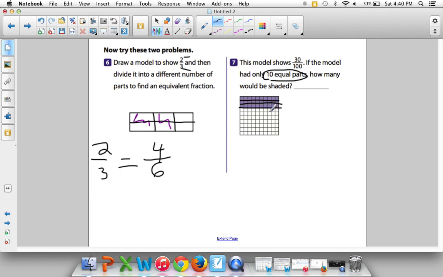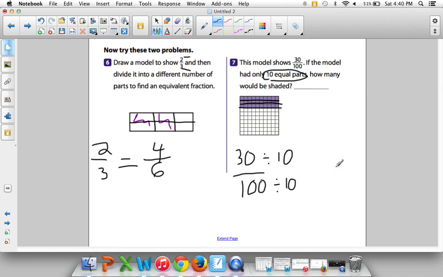If you can't see it visually, do you know what you can do? You can take your fraction and solve it without a picture. You can solve it with math. You can divide the top and the bottom by the same thing. You know what you should divide it by? 10 equal parts. So divide the top and the bottom by 10.